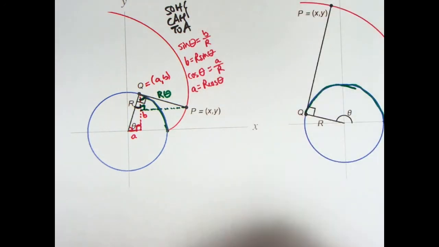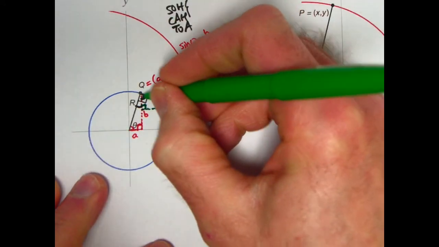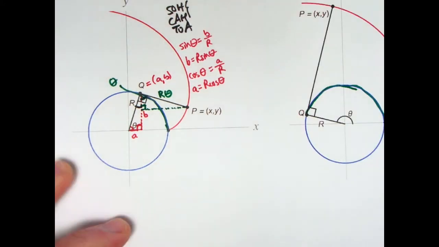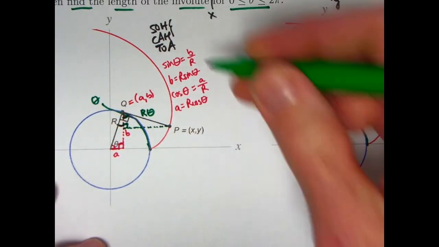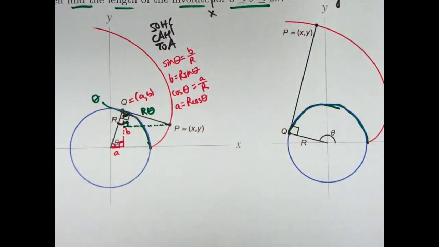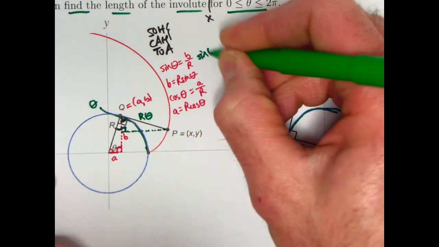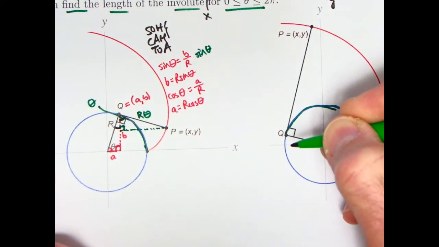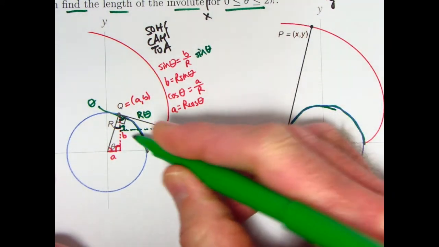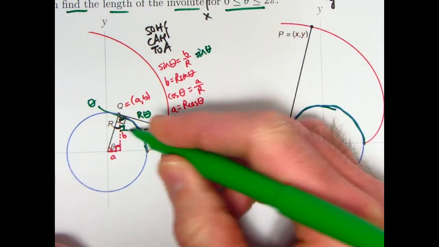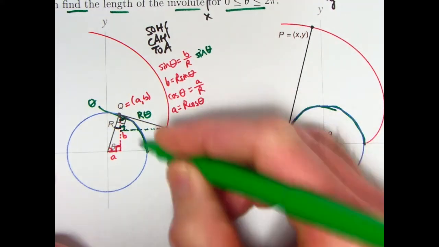So this angle can be labeled with a theta as well. And now I can apply right angle trigonometry to that right triangle. I can say sine of theta, based on this other right triangle, opposite over hypotenuse, is this side divided by that side. Now I haven't labeled this side yet.